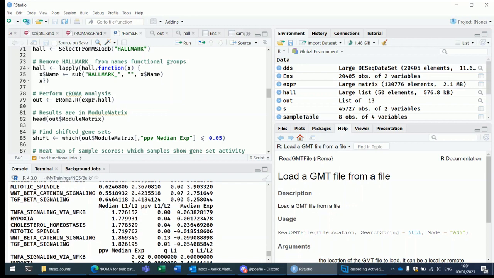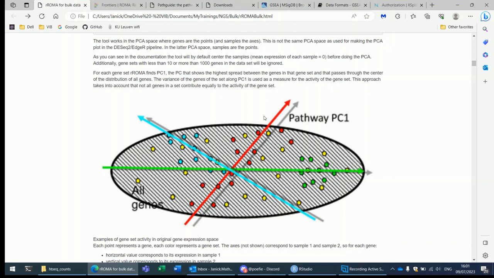Another important measure here is this one, the median expression. It's the median expression of all the genes in the gene set. So again, after projecting them on principal component number 1. So if you project them to the red line, all of them will have a coordinate on this red line, and then you're going to search for the median of these coordinates.